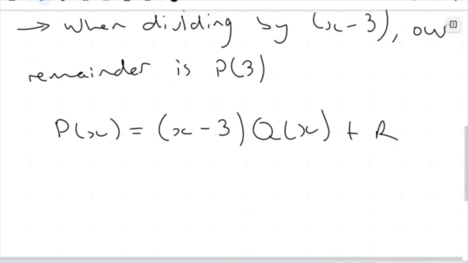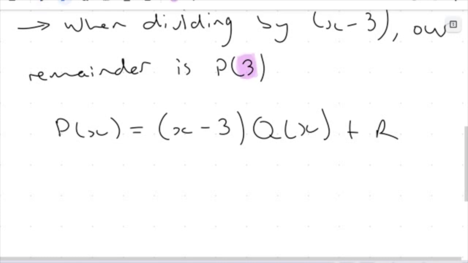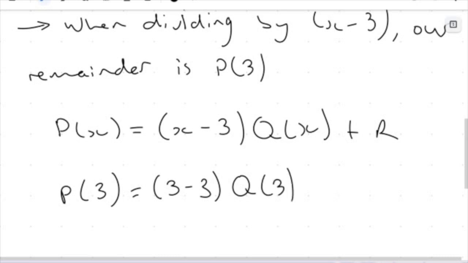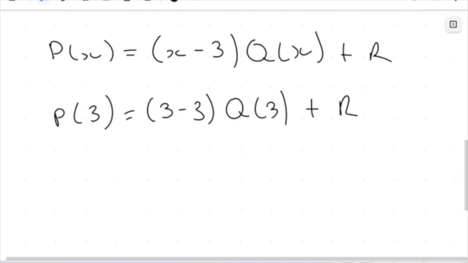Now, if I substitute in 3 as my input for x, that's going to give me p of 3, with the 3 being this new input, and I have here 3 minus 3, and then q of 3, but that doesn't really matter, we'll see why in a second, plus r.